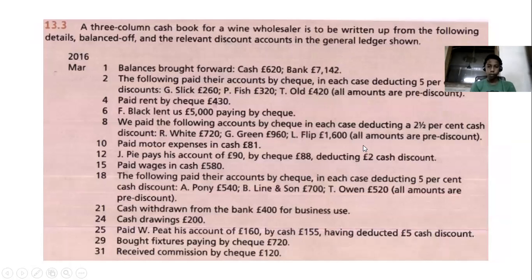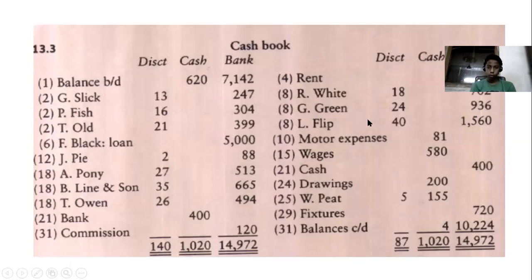Okay, then the next thing is paid motor expenses. Again, we are paying, so we have to record on the credit side and in the cash column. You see here, motor expenses you write here, and then 81 in the cash column. Is it clear?